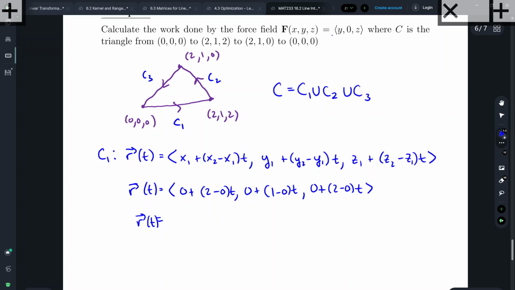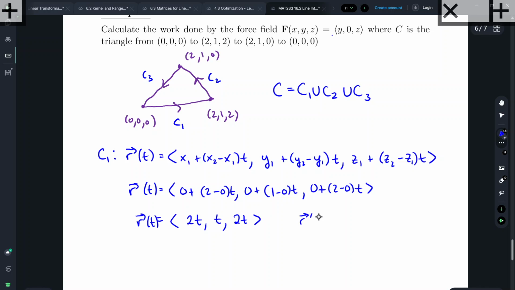So this is just 2t, the y component is just t, and the z component is just 2t. That's r of t. And as usual, t goes between 0 and 1.